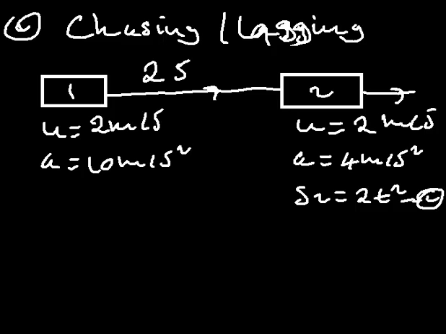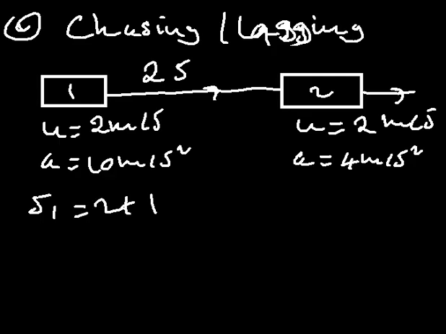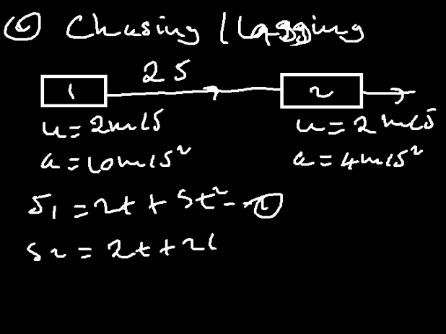So what would you say about the time it takes for object 1 to catch object 2, and also the distance traveled? The principle remains the same. S1 we'll have as 2d plus 5d squared. That is equation 1. And how about S2? We'll have it as 2d plus 2d squared. That is equation 2.